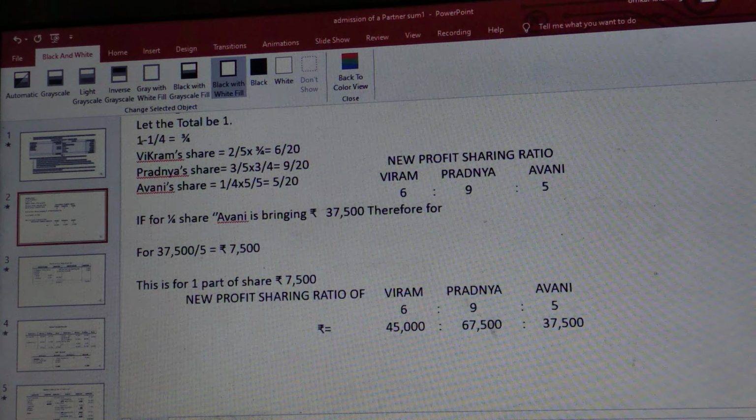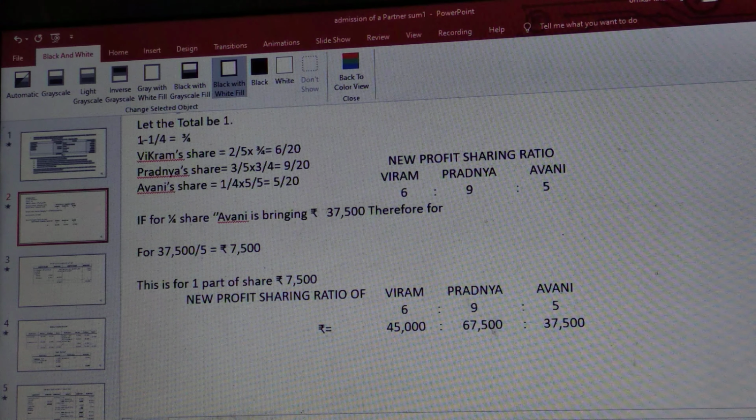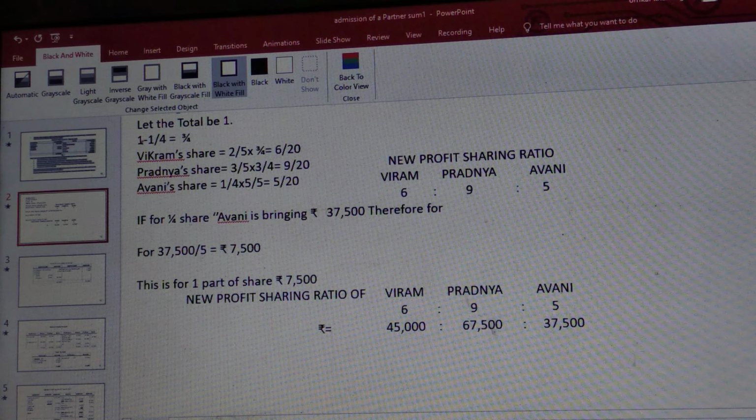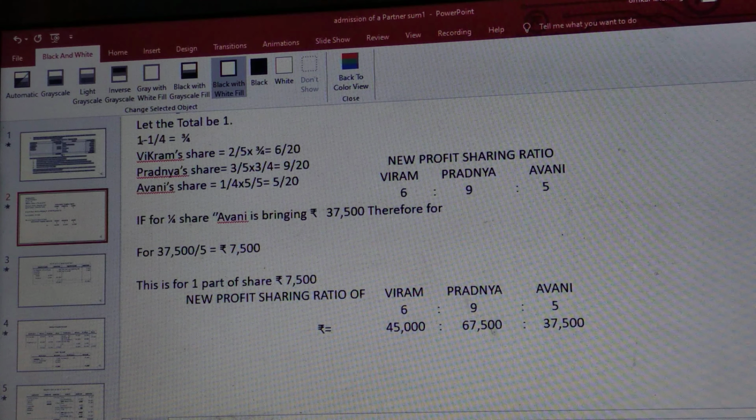When the remaining share is 3/4, that will be divided among the existing partners, that is Vikram's share and Pradnya's share. Okay, so Vikram's share is equal to 2/5 into what is the remaining share? 3/4.